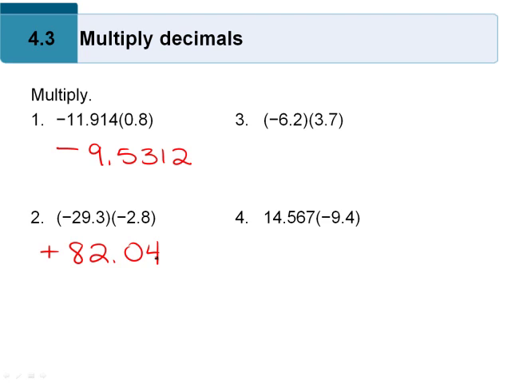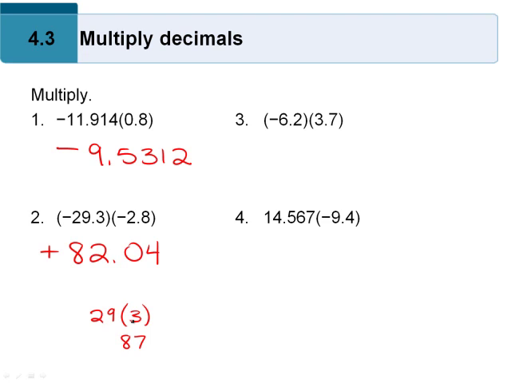So another thing you can do when you're dealing with decimals is estimate. 29.3, if you rounded that off to a whole number, would be 29, and 2.8 rounds off to 3. Well, 29 times 3 is 87. So we rounded up on both, well, on one of those anyway. So we're in the same ballpark, 82, 87. They're not very, very close, but they're in the same area. So yeah, we've got the right answer there.